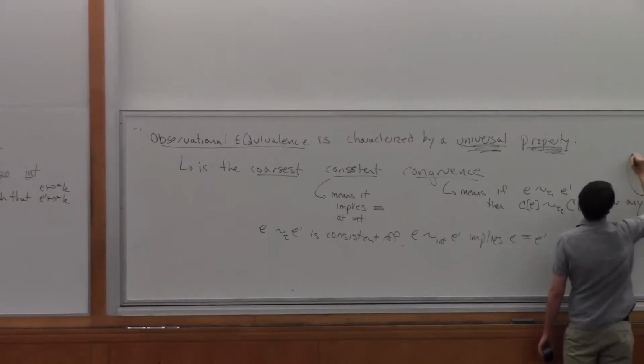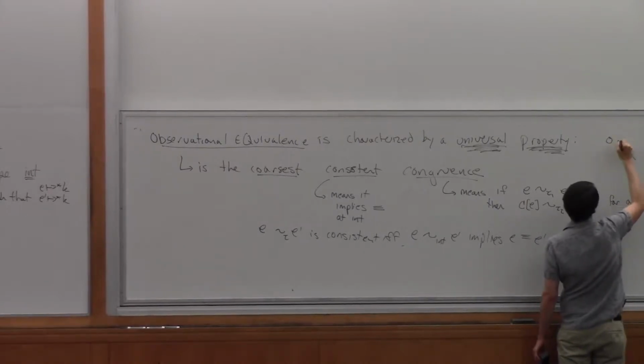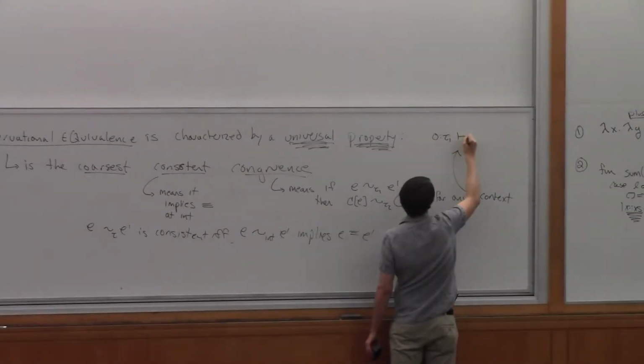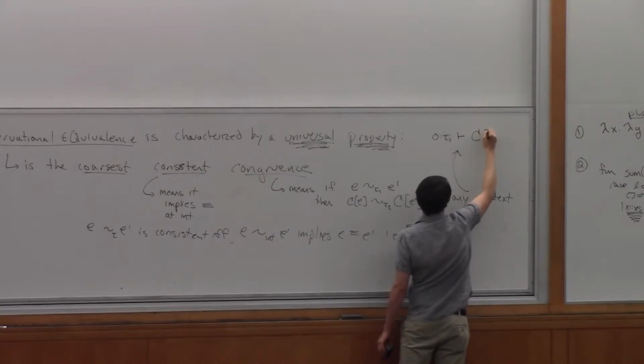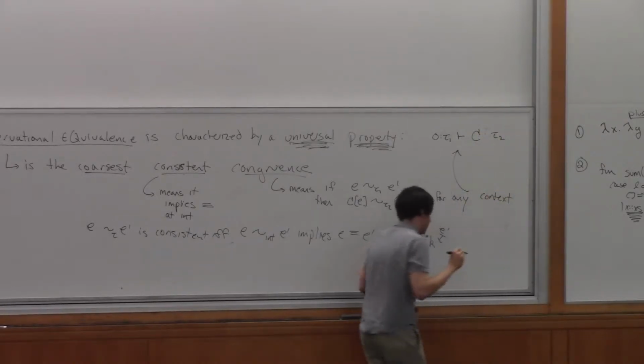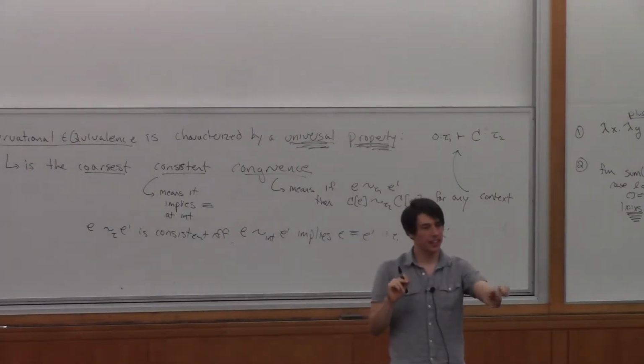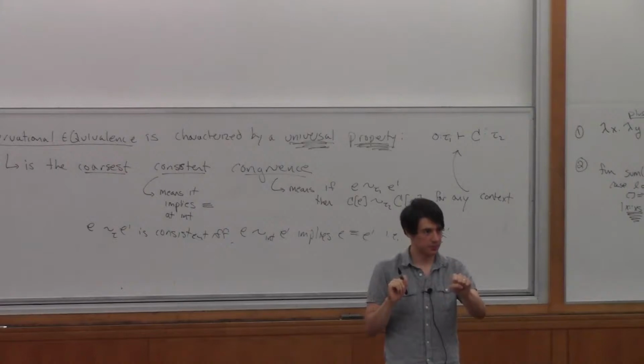And what is a context? For us, it's just going to be a program with a free variable, which I'll again write as the circle standing for a hole of type tau 1 that has type tau 2. Okay?